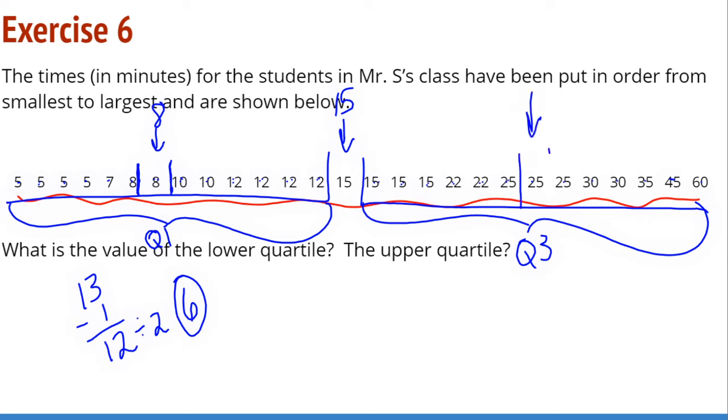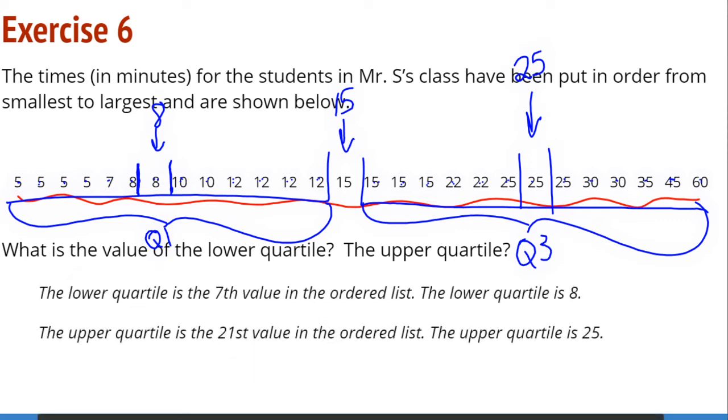Quartile 3. 1, 2, 3, 4, 5, 6. So I have a lower quartile of 8 and an upper quartile of 25. So I've got 8, I've got my 25. So now I have found 3 numbers to help describe my data set. I have the median, I have quartile 1, and I have quartile 3.